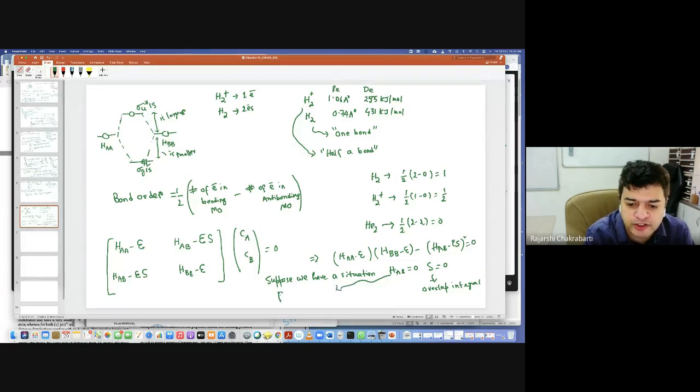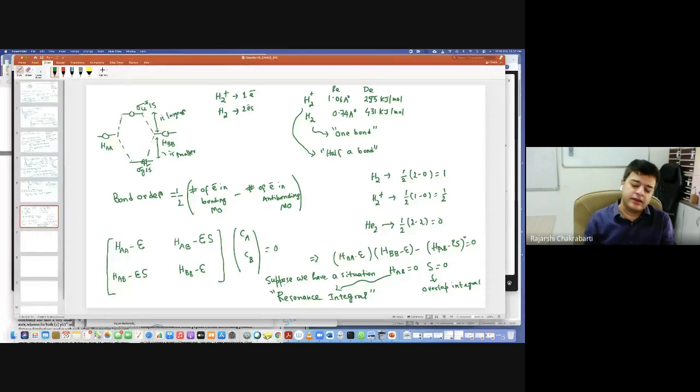This is called the resonance integral. We'll talk about it a little later, maybe today itself. And if both are 0, what is going to happen? This script E would have two possibilities. These are the two roots, which basically means what?